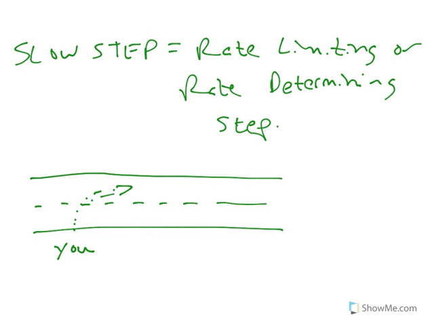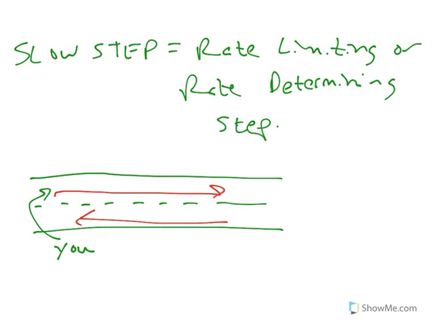So you have to cross this 2-lane highway where the traffic patterns are like so, and you want to make your turn here.